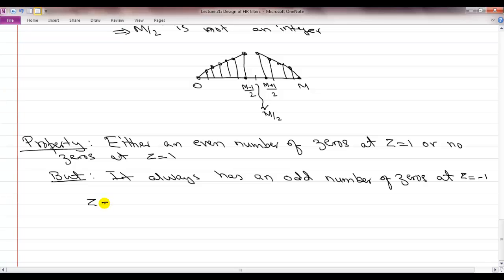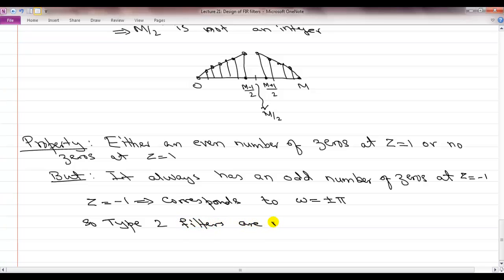So z equal to minus 1 corresponds to little omega equal to plus minus pi. So type 2 filters are not a good choice for high pass filtering.